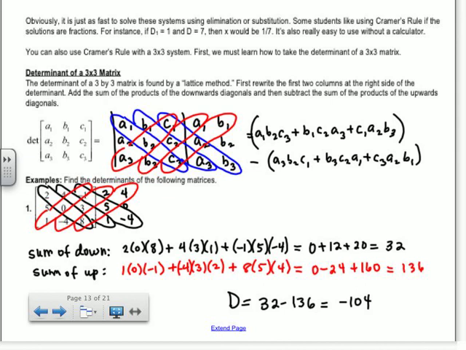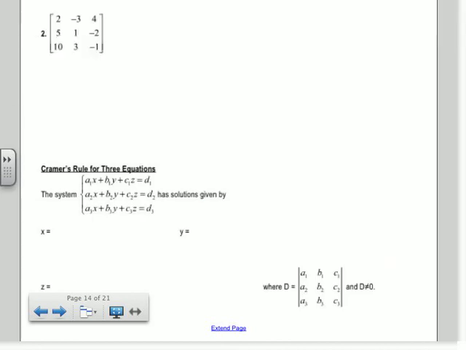All right, let's see the next one. Okay, so first step, tack on the 2, 5, 10, negative 3, 1, 3. See if you guys can do some of it in your head. So we're going to do downwards first. So I'm going to have that, that, and that.